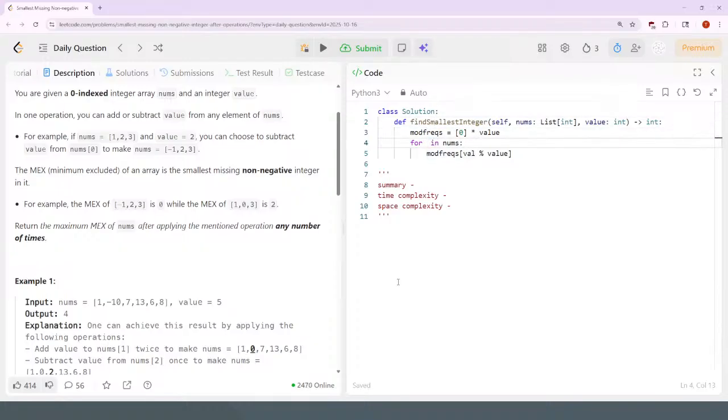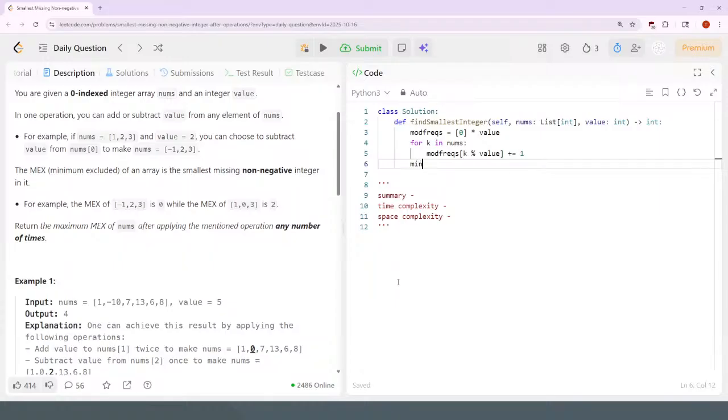For every k in nums, plus equals 1. And then the minimum of these is going to determine where the first break in the loop is.